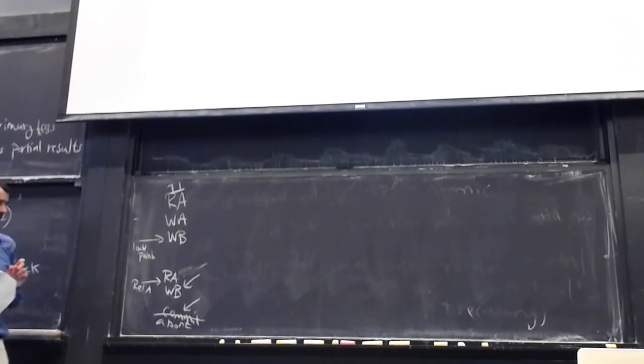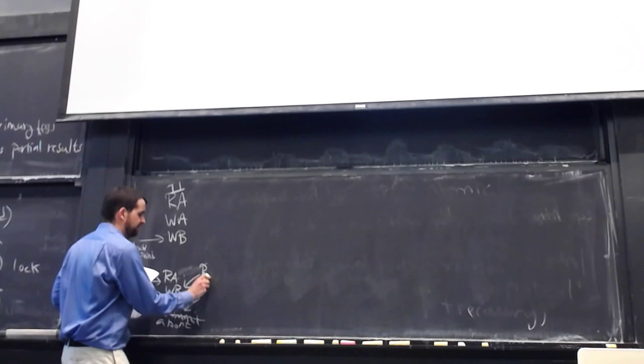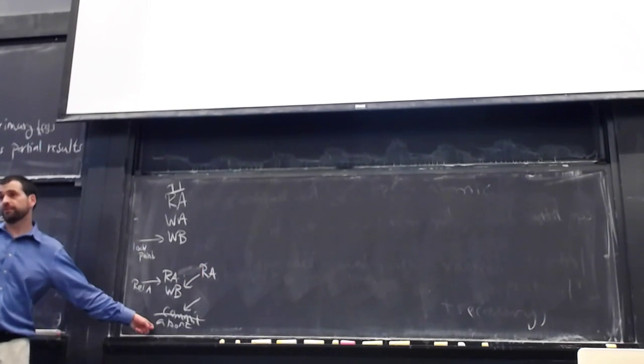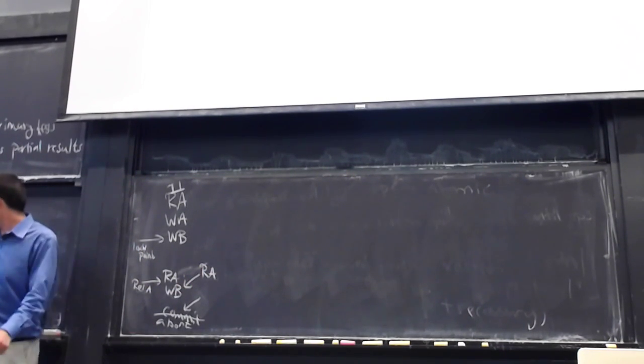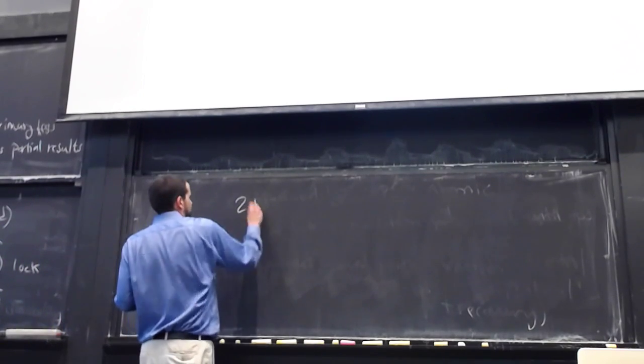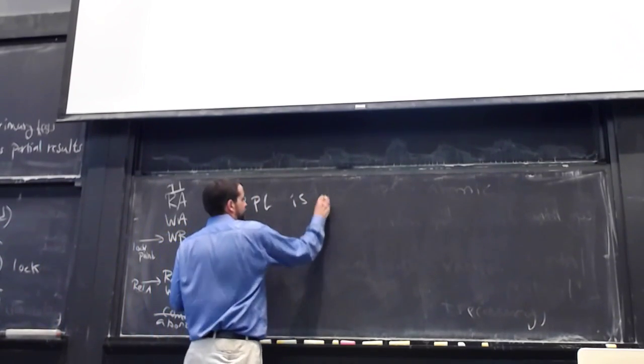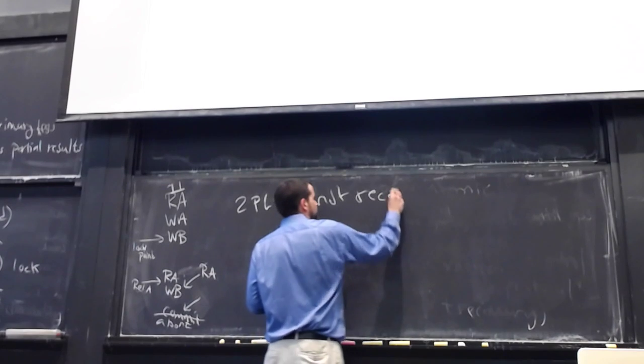At this point, at this write of B, somebody can sneak in and read A here. And the problem is that we then abort, right? So this two-phase locking protocol is not recoverable.